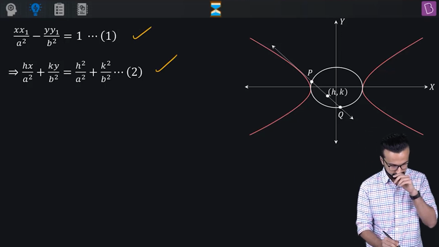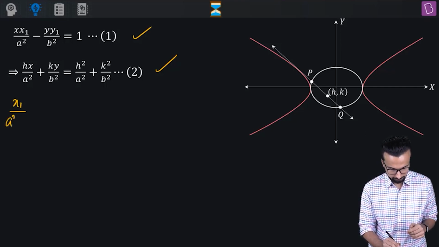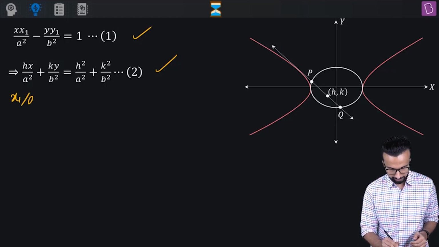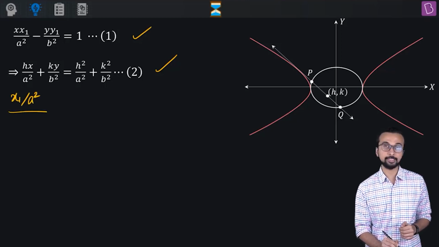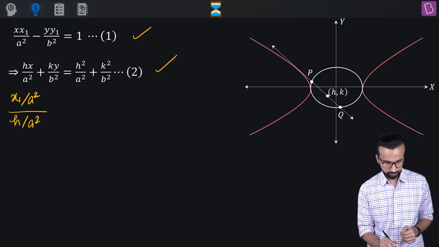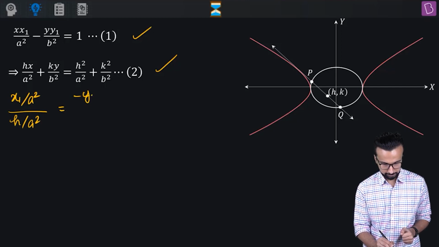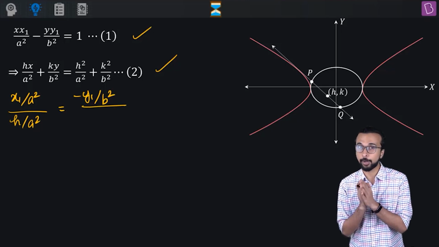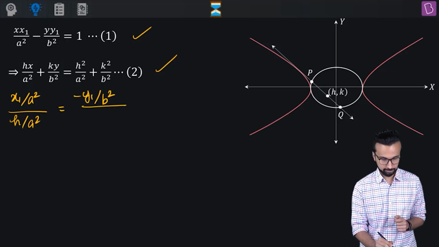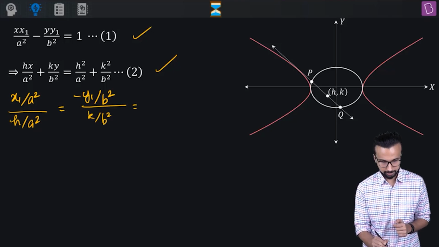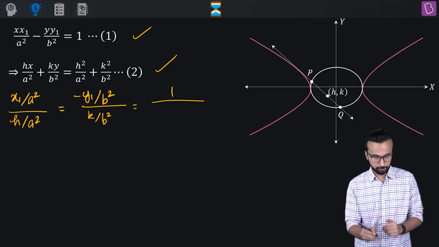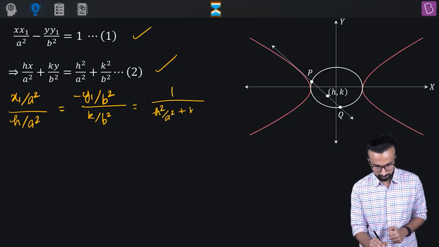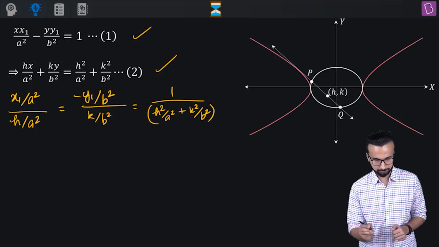So the coefficient of x will be x1 by a square divided by h by a square. This will be equal to minus y1 by b square from the top, which is the coefficient of the y term, divided by k by b square, and that equals the constant term 1 divided by, in the below equation, the constant term h square by a square plus k square by b square.